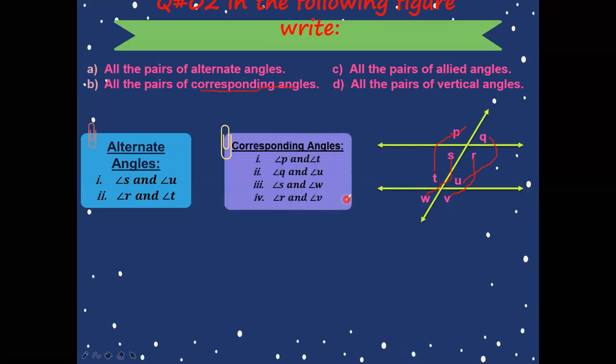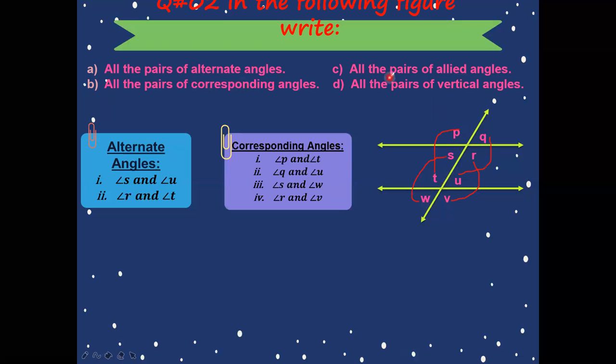So this is the way to write corresponding angles. The first pair is angle P and angle T. Then the second pair is angle Q and angle U. The third pair is angle S and angle W, and the last pair is angle R and angle V. Okay, so this is the way to write corresponding angles.